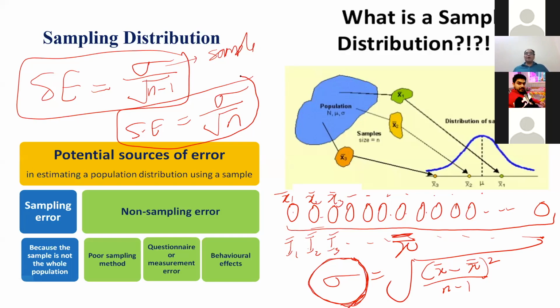Now I'm asking you about some terms which you may understand. One concept is called sampling error. One is called non-sampling error, and non-response error.